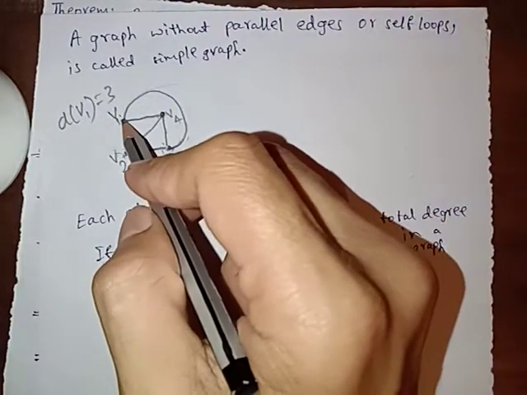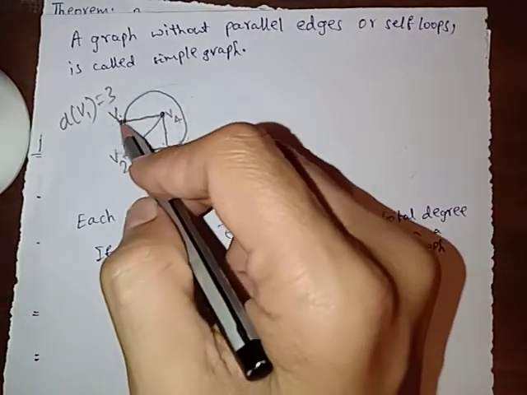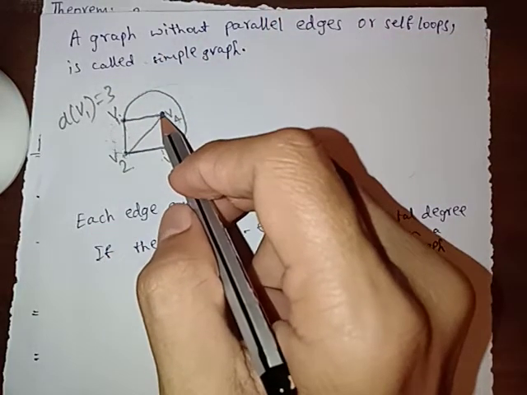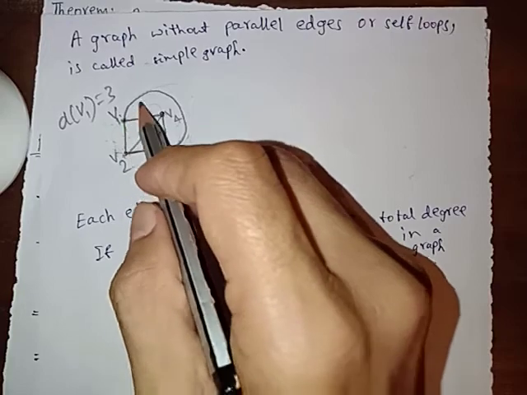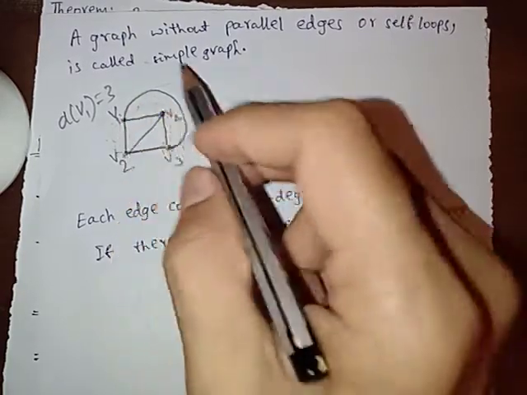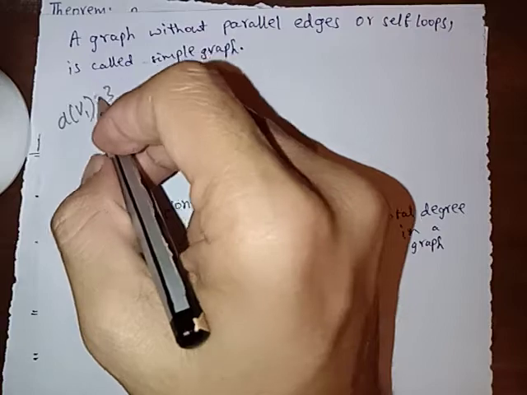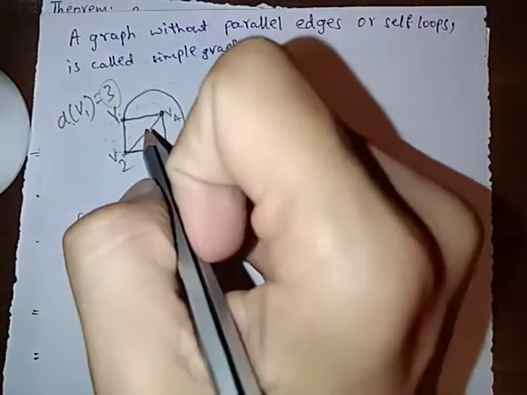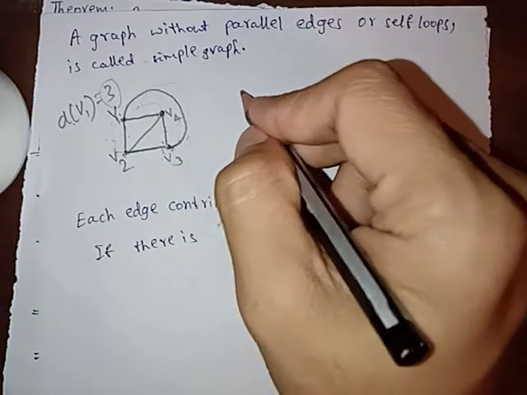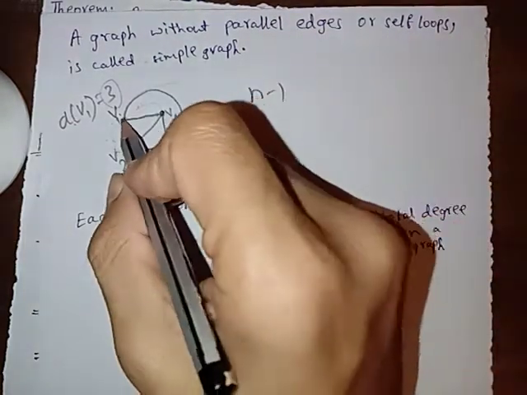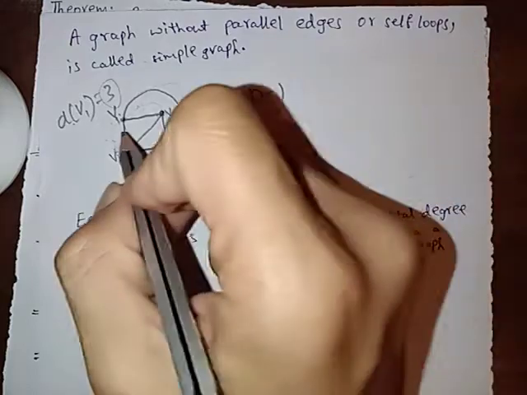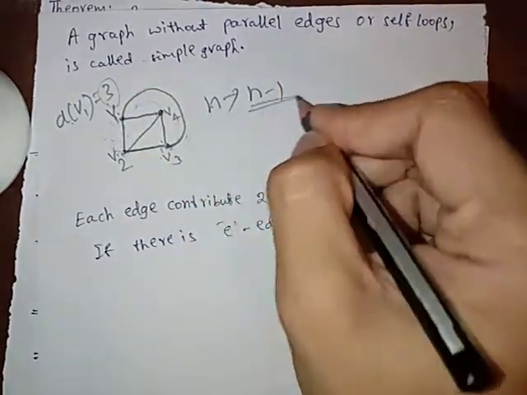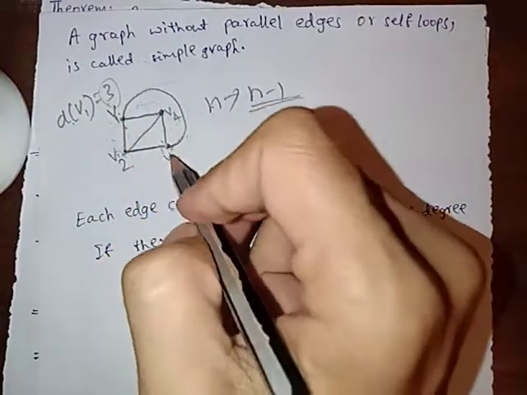If we add any other edge here, it becomes a parallel edge and cannot be a simple graph. So the maximum degree of each vertex in a simple graph is n minus 1. Here 4 vertices are there, so it is 3. If there are n vertices, then n minus 1 is the maximum degree of each vertex.